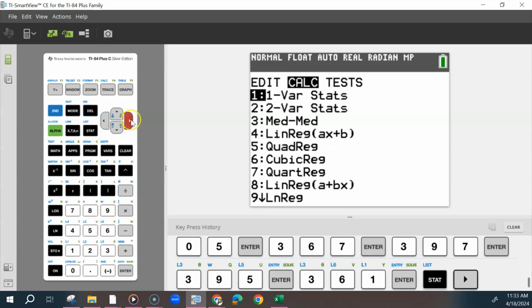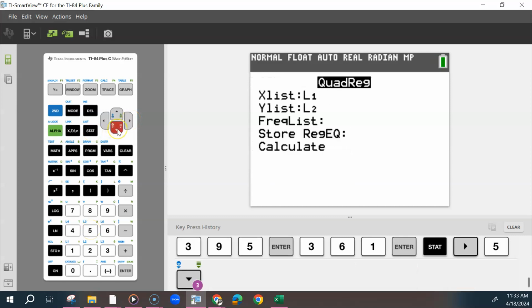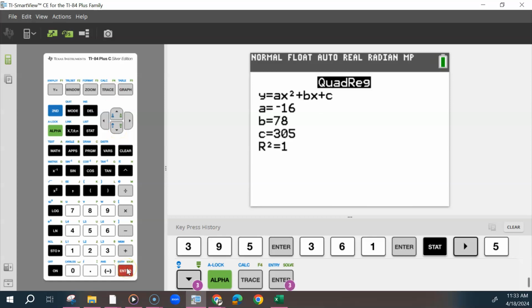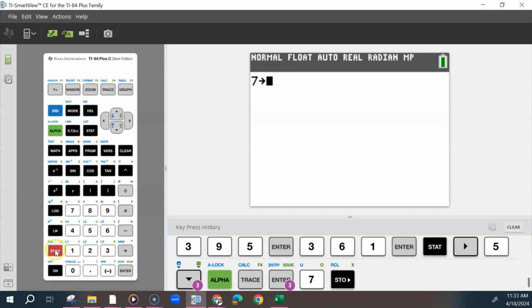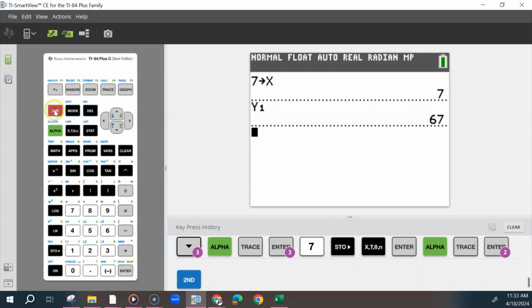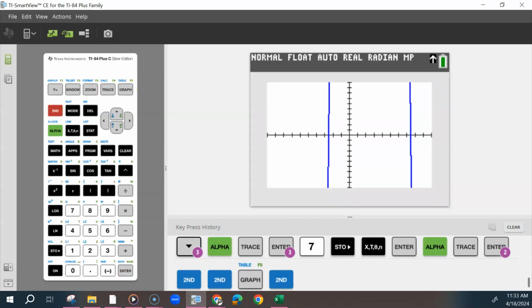If we go into stat, and we know it's quadratic already, so quadratic regression, I store this after trace, enter 3 times. I get the same thing, I see my R squared value is 1, but then I can either store the value as x, so 7 STO x, and hit alpha trace, and enter, or you can go to the table. And label, not the graph.